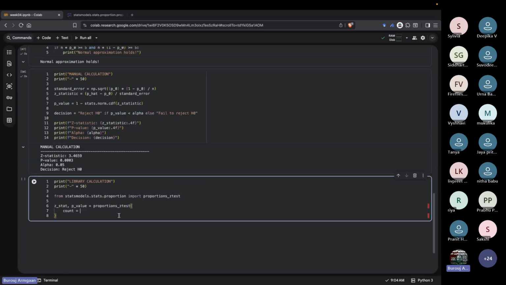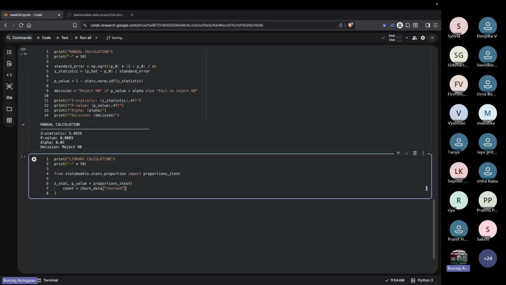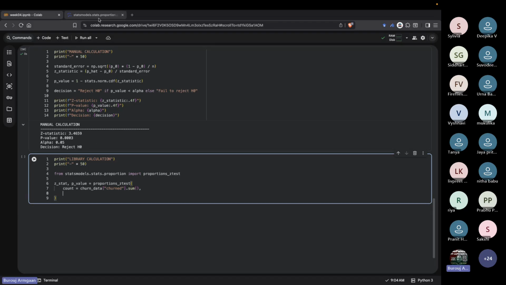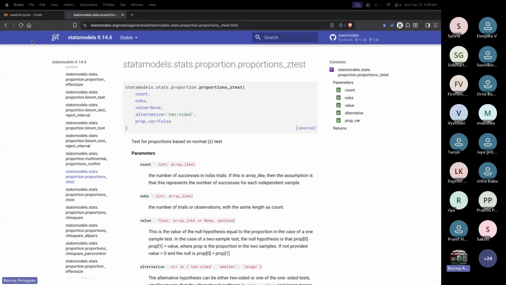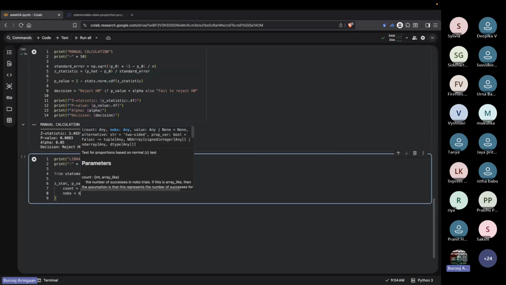So we can say churn_data churned dot sum. This is the number of successes. The next part is the number of observations, which is essentially your sample size, equal to n.